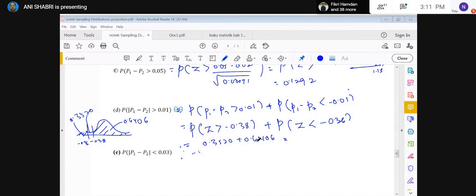It is equal 1 minus 0.0074. Okay, the answer is wrong. Your answer is wrong. Okay, the answer is 0.9926.